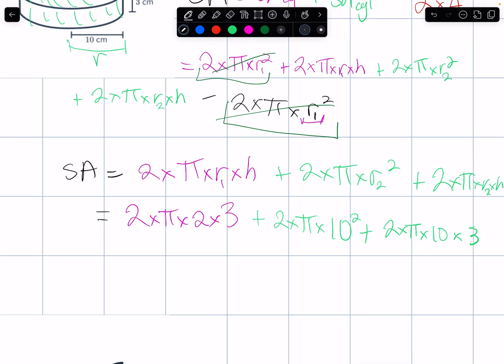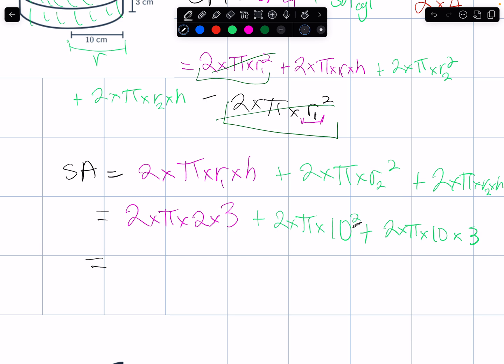Again, we can just put this straight into a calculator, because pi is an irrational number and it will always give us a really long decimal, so it's nice to just do it all straight away. 2 times pi times 2 times 3 plus 2 times pi times 10 squared. Important, remember this squared.